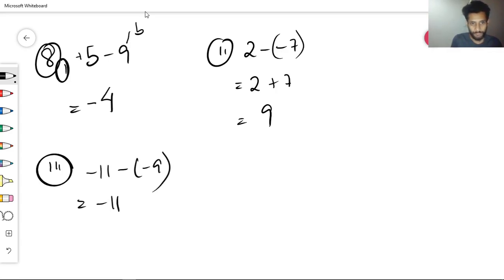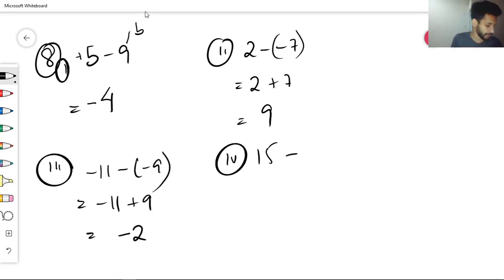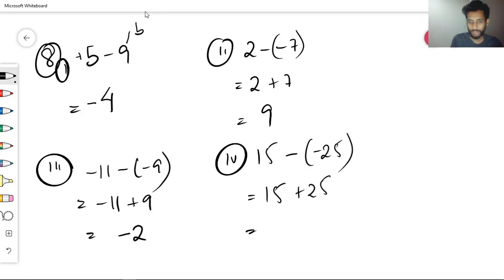So here it is minus 11, this one will be plus 9. So now when we use the third formula, minus plus is minus. So 11 minus 9 is 2, and the result will be in minus. And now the fourth one is 15 minus 25. So here 15, this will be plus 25, so the result will be 40. Okay.